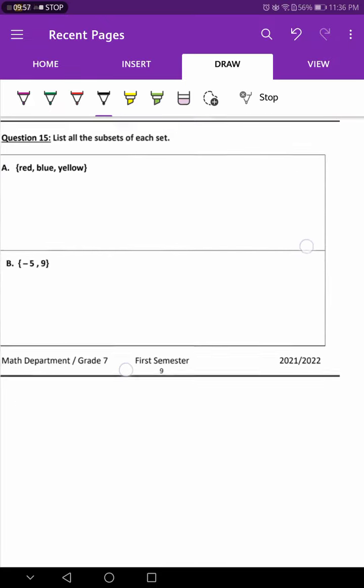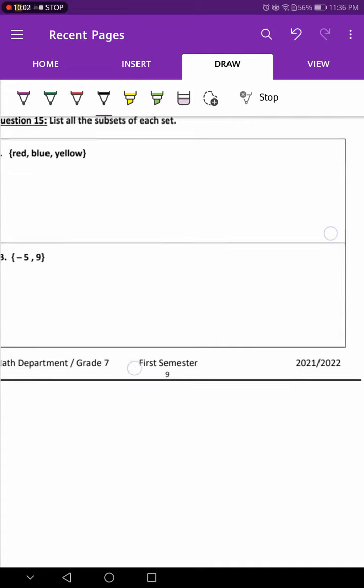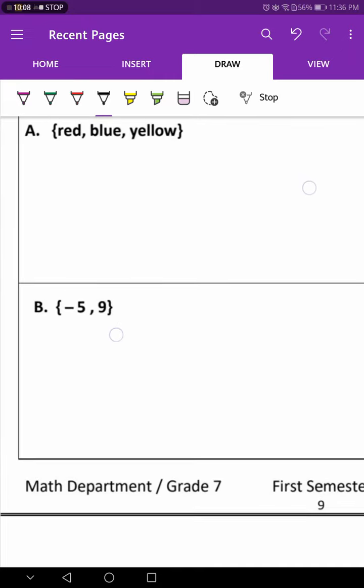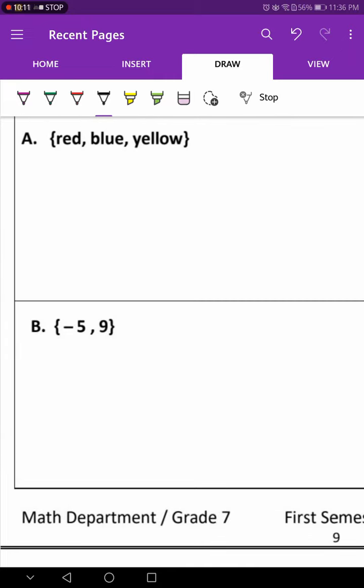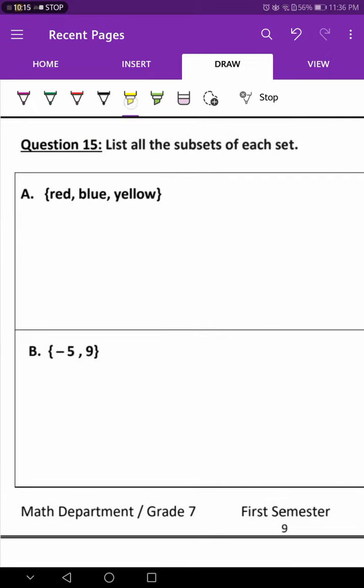I will move to question number 15. List all the subsets of each set. I have this set, red, blue, yellow. He asks me to list all subsets. And subsets mean, as you know, my dear student, a part of a set. Which set?